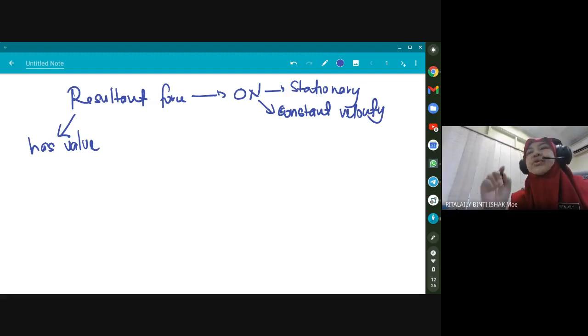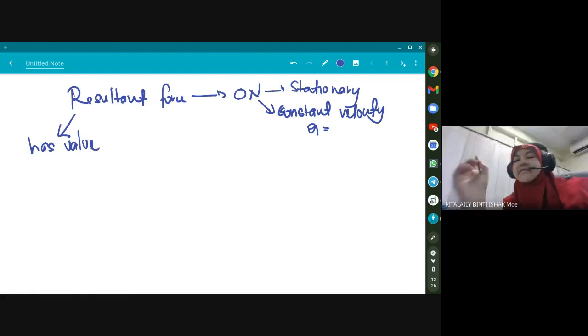Okay, so constant velocity. When an object moves with constant velocity, what is the acceleration? 0. Okay, so stationary has 0 acceleration, and constant velocity also has 0 acceleration. Therefore, an object with a resultant force of 0 Newton can be either stationary or moving at constant velocity.